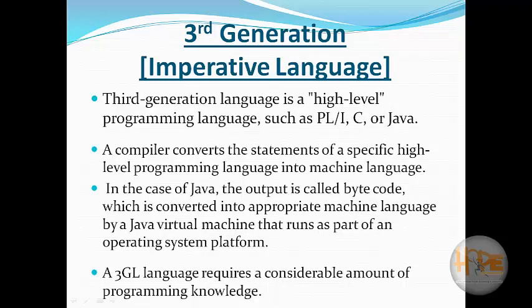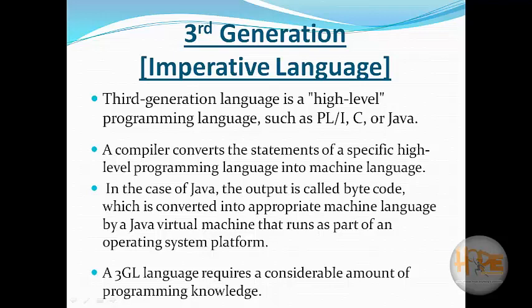Now, third generation, which is imperative language. Third generation language is a high-level programming language such as PL/I, C, or Java. A compiler converts the statements of a specific high-level programming language into machine language.